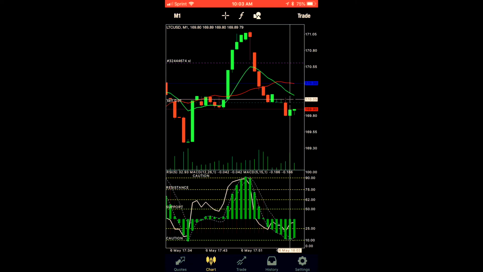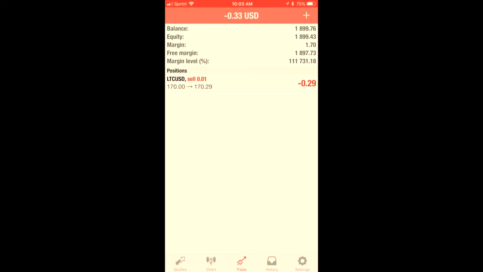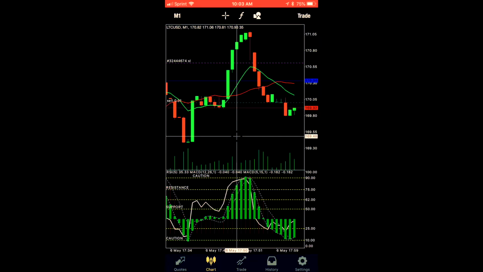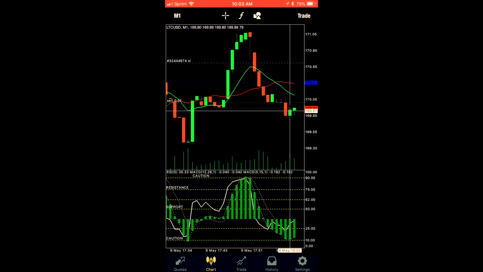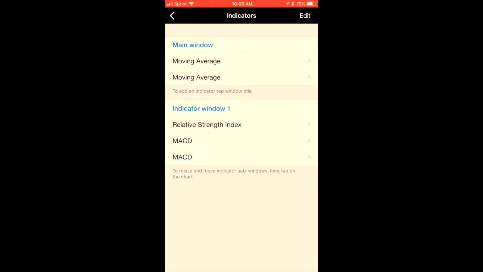Let's look at how much I'm making so far. I'm at 0.25, almost. I'm about to cross over to the positive side, okay? All right. So while we wait on this for the next one, let's go back here and show the MACD.